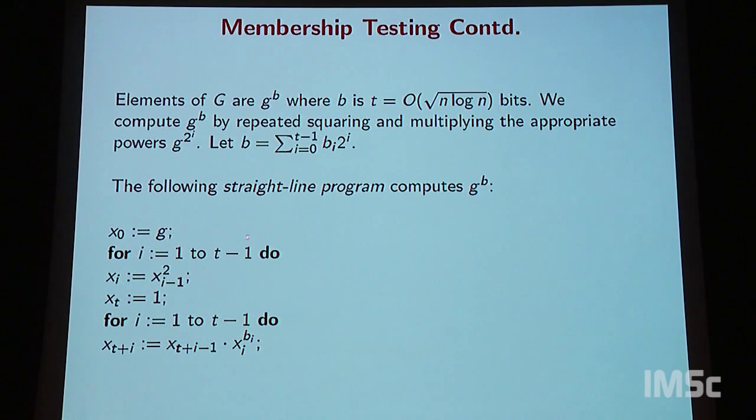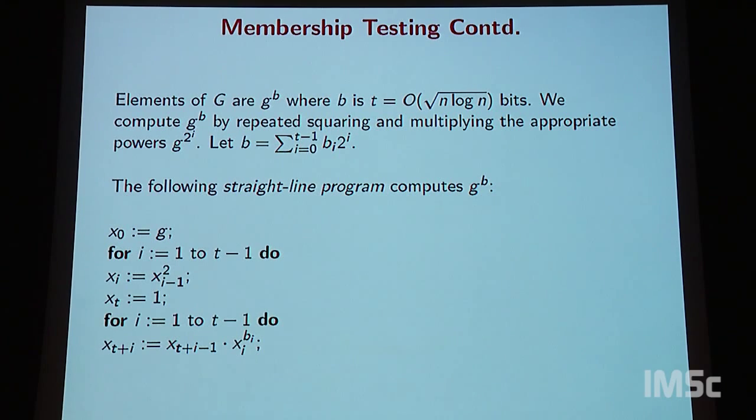This is called a straight line program, computing g to the power n. A straight line program is a program where there are no loops. Although I've written this with 2 loops, you should unwind these loops and it will become a long straight line program. It's a compact way of writing that. But there are no branching statements, there are no loops.